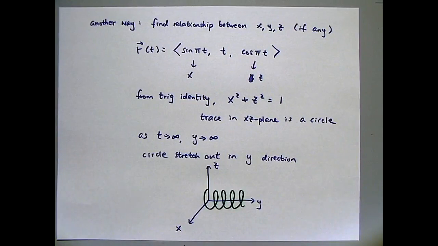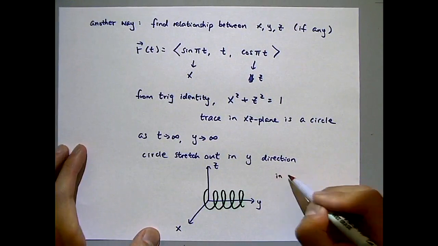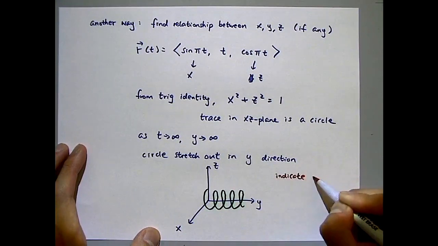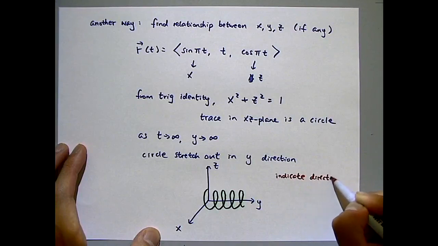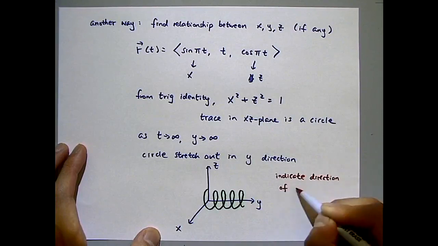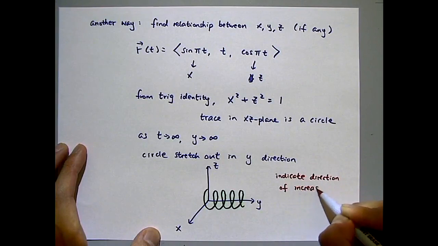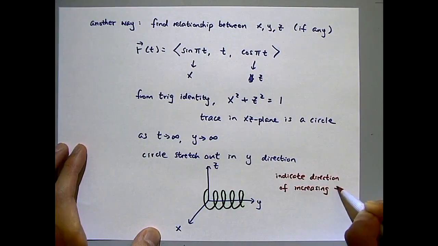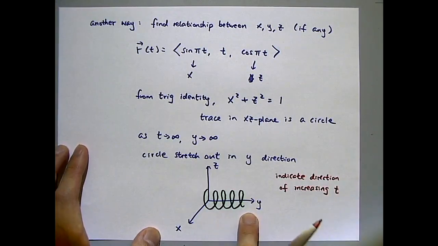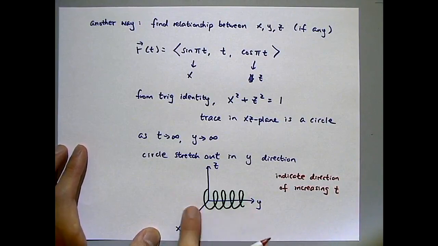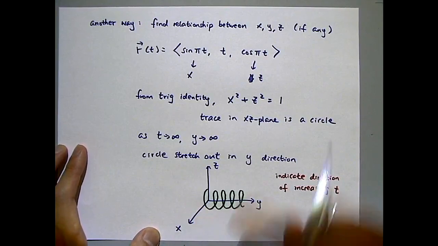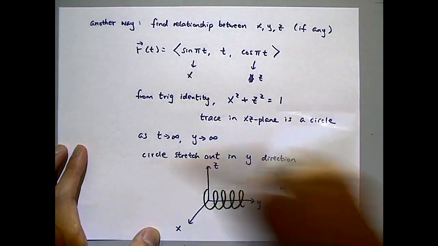And it's always very important to indicate the direction. This alone doesn't tell you the complete story. Does it go this way as t gets bigger, or does it go that way?